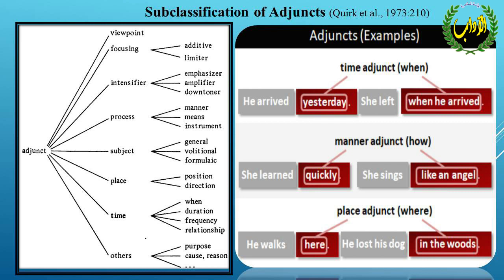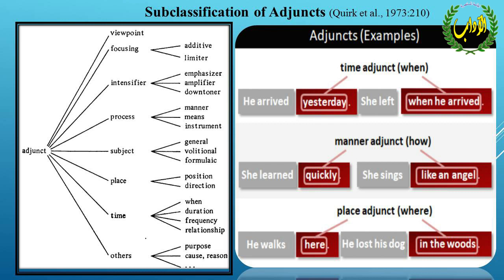Process, as in manner, means, and instrument. Subject, which can also be divided into general and volitional. Formulaic, and place could also be subcategorized into position, direction. Time, which can also be divided into when, duration, frequency, relationship. Others, which can also be subcategorized into purpose, clause, reason.